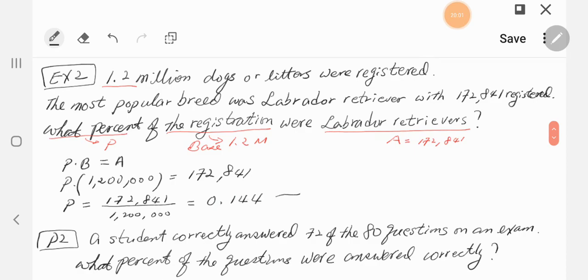When we convert this into a percent, just move the decimal point 2 places to the right. So that is 14.4%. So actually 14.4% of dogs and litters that were registered in the United States are Labrador Retrievers.